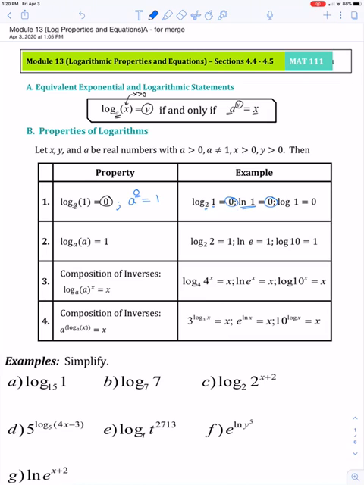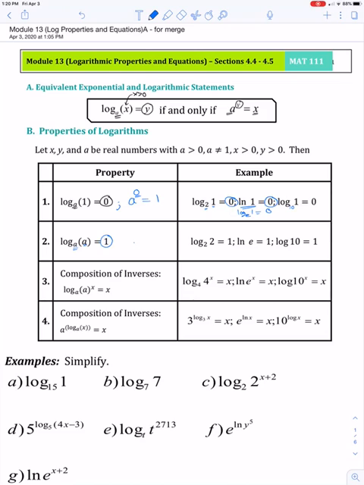Now log base e, remember, is the abbreviation for natural log. And just like this is log base 10 of 1, 10 to the 0 power is 1. All right, property 2 says if we have log base a and we take the log of a, so we have that same number a, we know that its output will always simplify to 1.